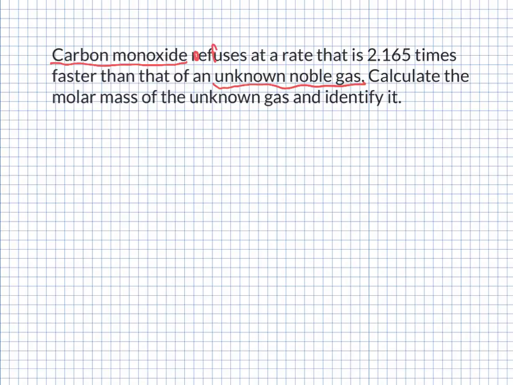So that should immediately tell you: is carbon monoxide bigger or smaller than the noble gas? Well, if carbon monoxide is faster, faster means smaller mass. That's what it means by definition. Okay, what is the mass of carbon monoxide?